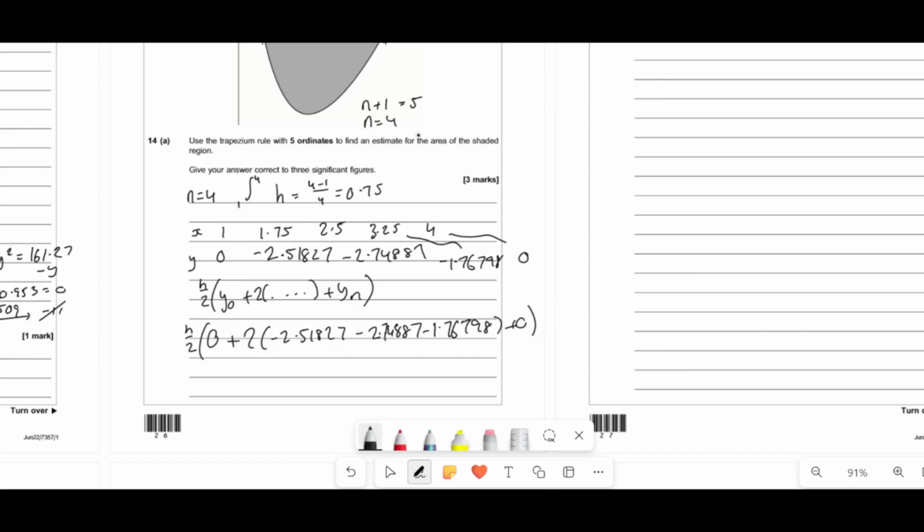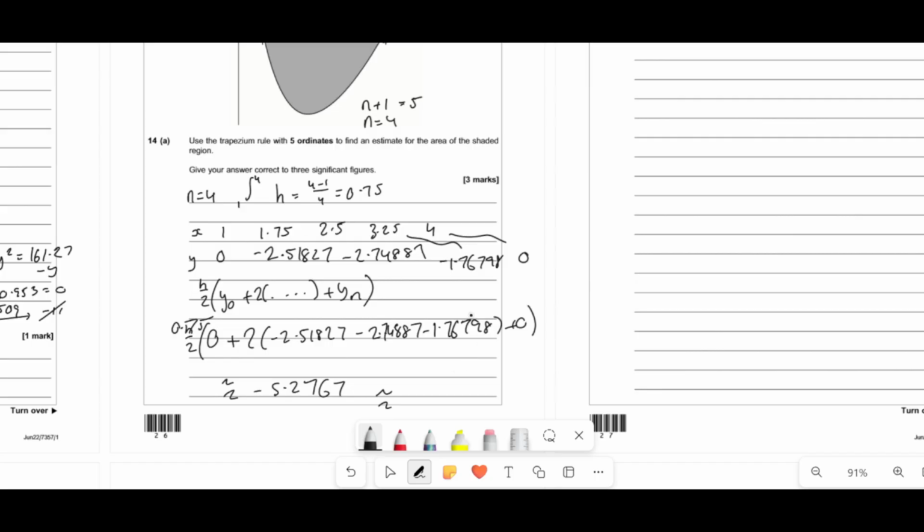The h in this case is 0.75. If we do that, we should get an answer of roughly minus 5.2767.